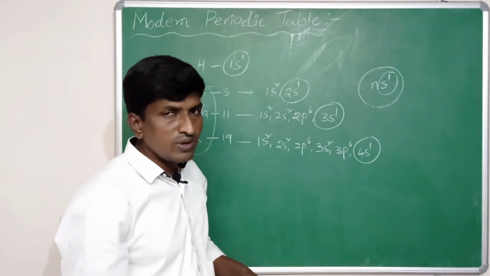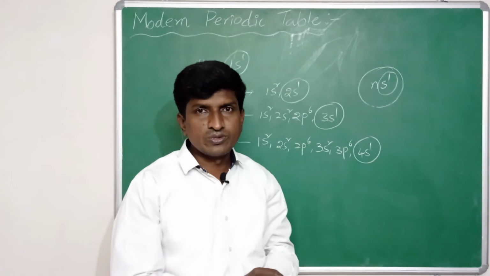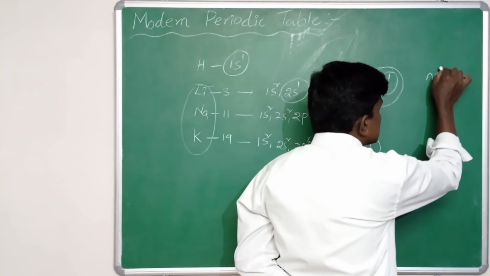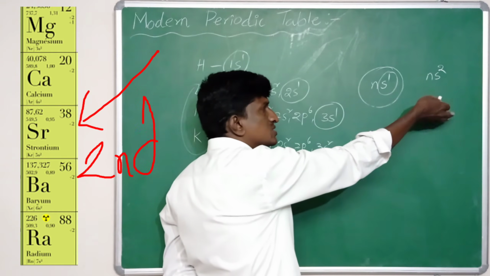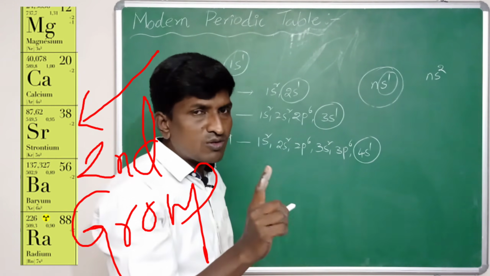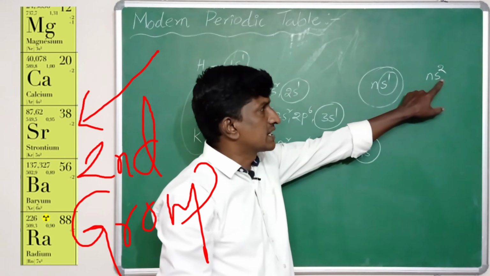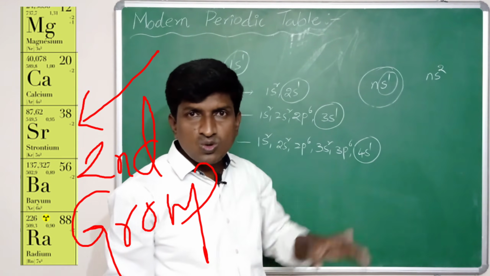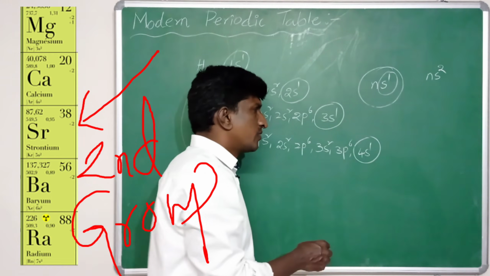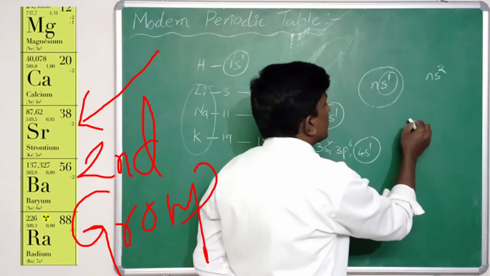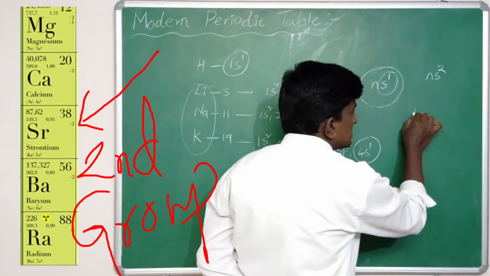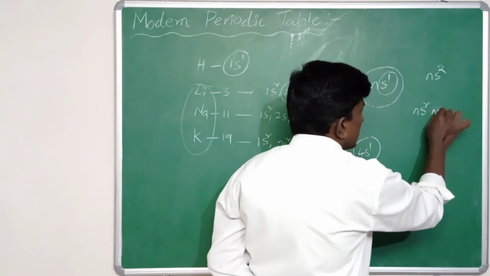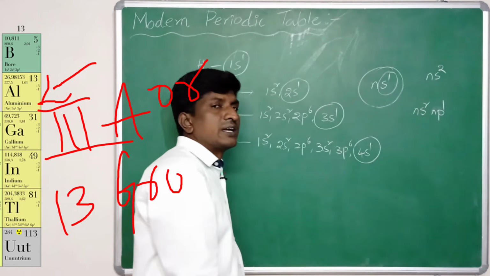For example, if you go to the second group, all the elements have similar properties: ns2, where the differentiating electron is the second electron in the s orbital: 3s2, 4s2, 5s2 and so on. And if you go to the 13th group, or third A group, it ends with ns2 np1.